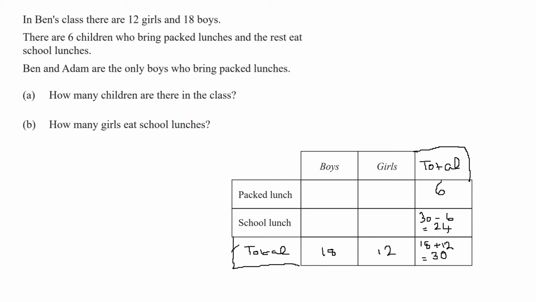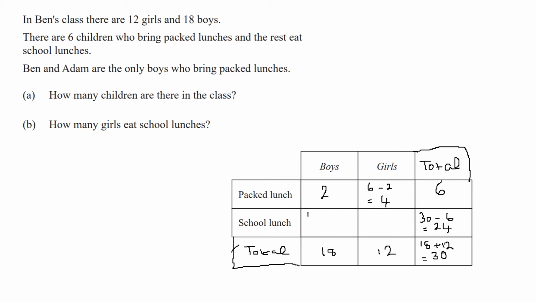Now it says Ben and Adam are the only boys who bring packed lunches. So that means there are only 2 boys that bring packed lunches. Altogether 6 children bring a packed lunch. So 6 children minus the 2 boys will give us the 4 girls that bring packed lunches. Then we can work down the columns to work out how many boys and how many girls eat school lunches.